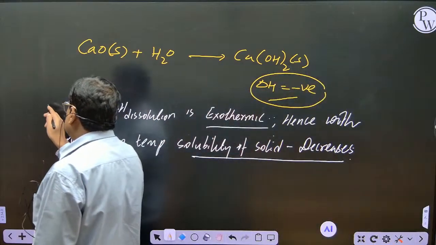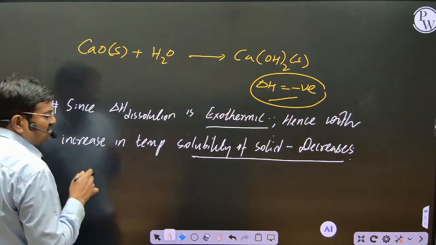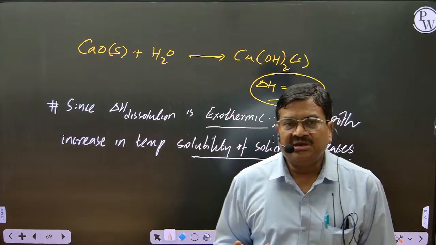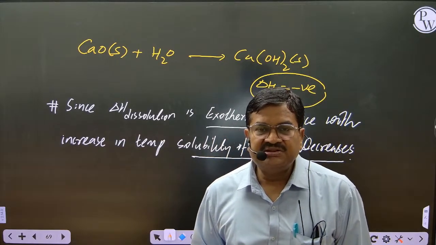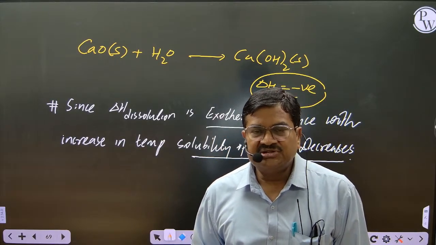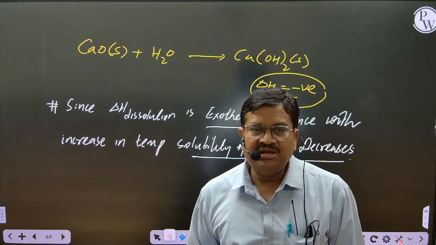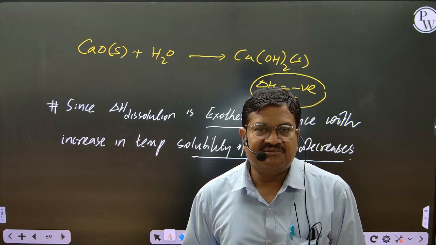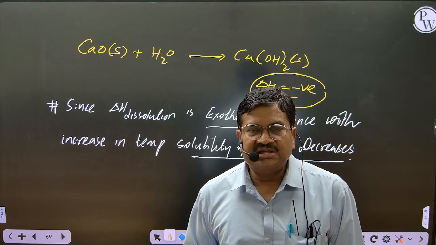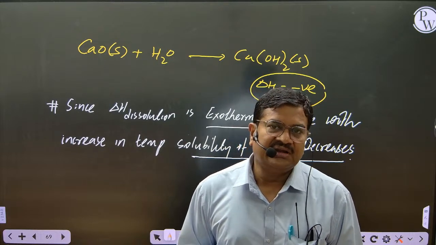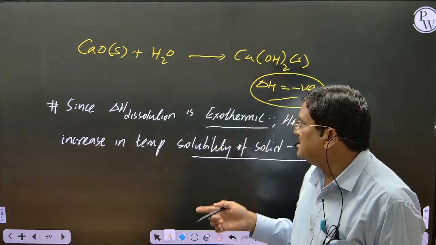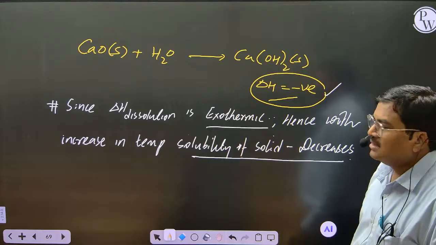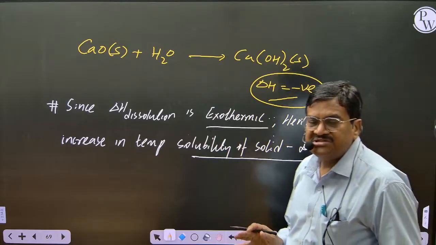So from an exam point of view, if they ask what happens to solubility of solid in liquid for exothermic, with increase in temperature solubility decreases. If it is endothermic, solubility of solid increases with increase in temperature. But in general we can say it may either increase or decrease because it depends on enthalpy of solution. Clear? Up to this understood all of you?